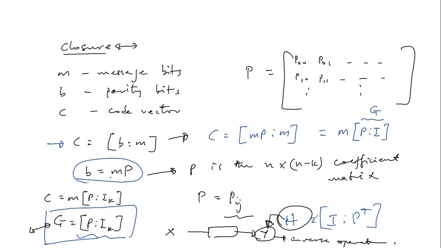Hence, this operation is the inverse operation of this, which is now [I, P transpose].